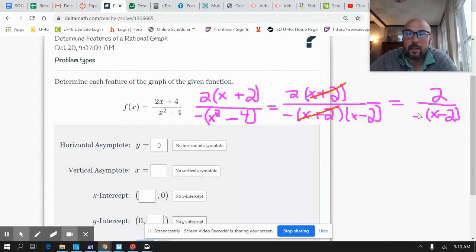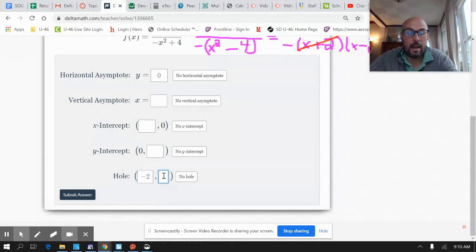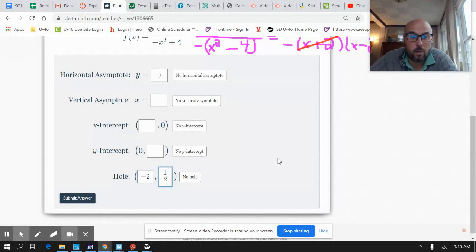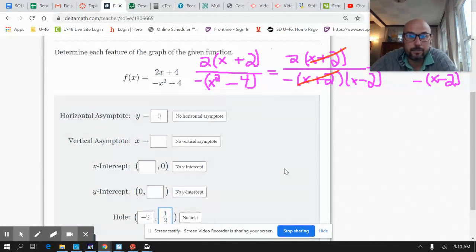So you have to plug in negative 2 into here, after everything's been canceled. So when you plug in, negative 2 minus 2 is negative 4, right? But then there's a negative out there. So a negative 1 times a negative 4 is a positive 4, and 2 divided by positive 4 is a half. So that's where the hole is, negative 2 comma a half.